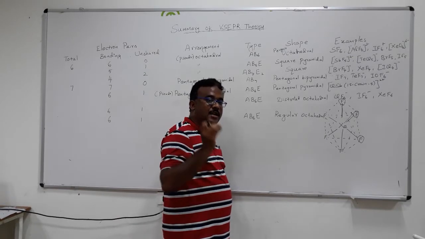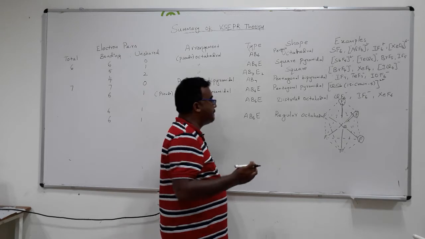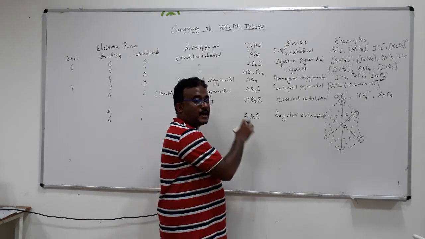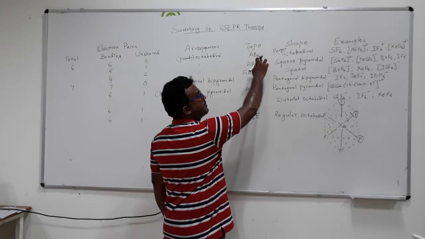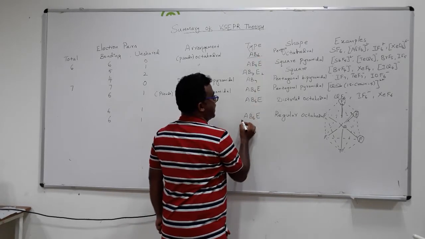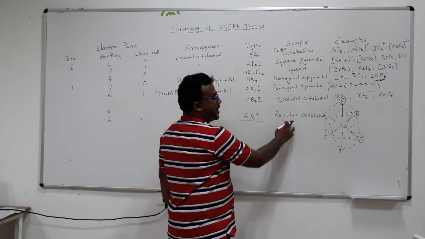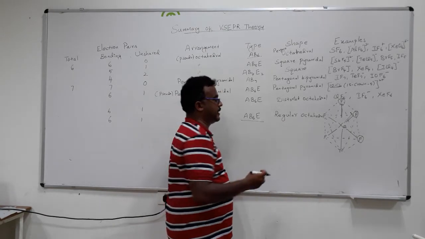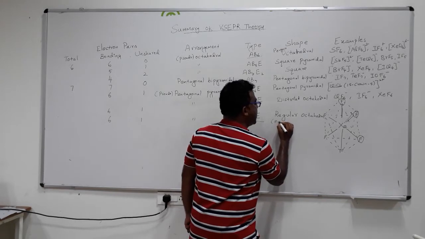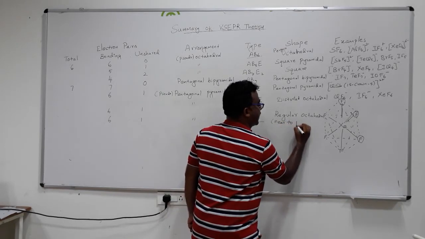But we can't call it perfect octahedral because of the presence of one lone pair, so it will be called regular octahedral. Try to understand the difference between this one and this one. You can just call it near to perfect octahedral.